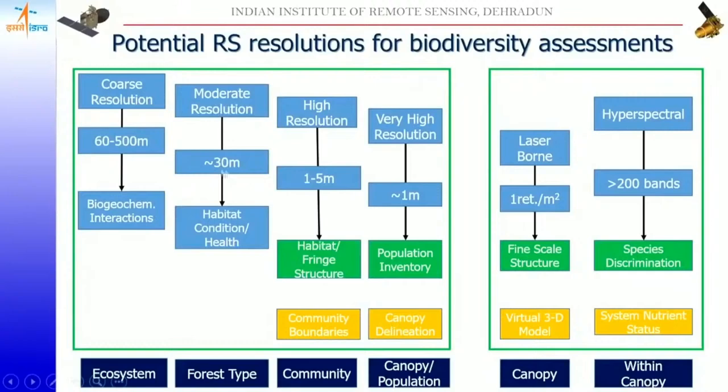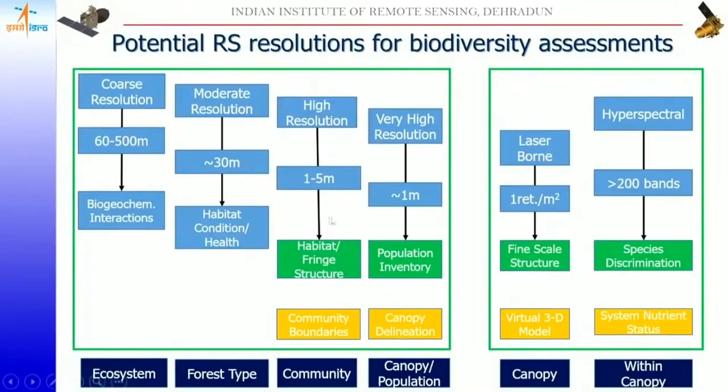In the moderate resolution category, nearly 30 meter resolution data, we can derive the habitat condition and the health of that habitat, and also map the forest types.